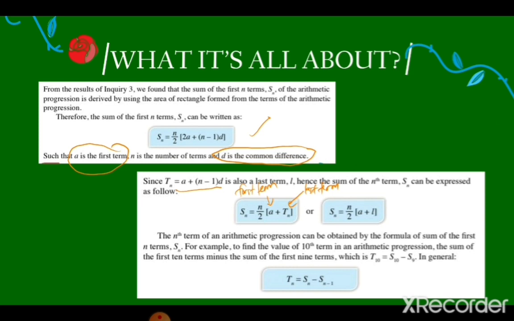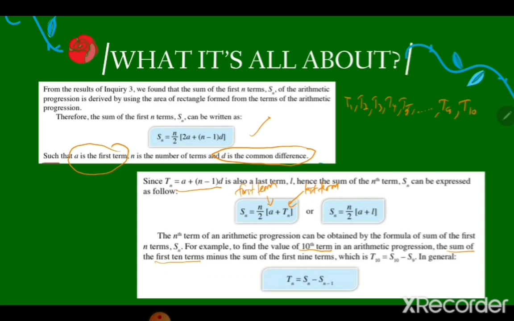And we can also find the nth term by using the sum of terms. Let's say, how can we find the value of the 10th term by using the sum of the first 10 terms? Let's say we have T1, T2, T3, T4, T5, and so on, up to T9, T10.